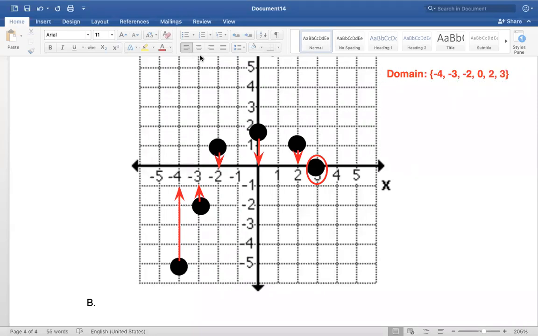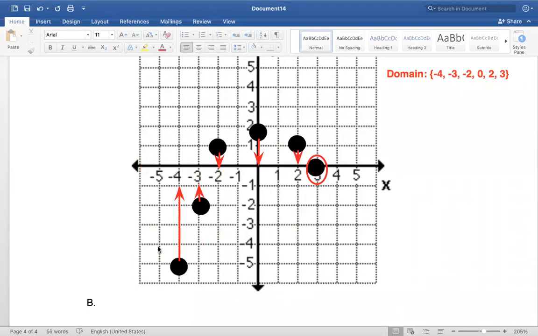And we can also do the scanning like we did last time and just move down until you hit a dot. -4, -3, -2, nothing at -1, 0, nothing at 1, one at 2, one at 3.